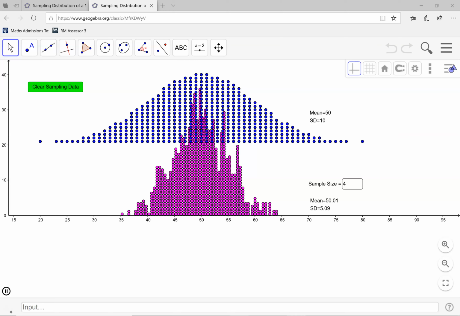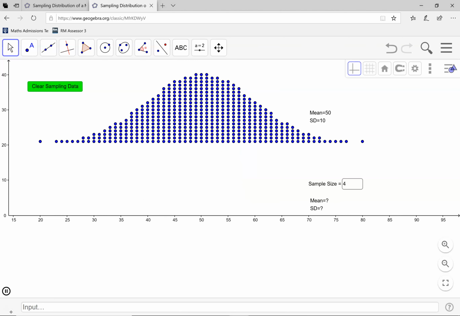Okay, so what I'm going to do is clear the data, and we'll see the dots as they are building up. Obviously at the moment, the standard deviation is 3.854, and the mean 50.96. The standard deviation isn't quite yet resembling the actual standard deviation, because it will take a while to settle into the actual sampling distribution.